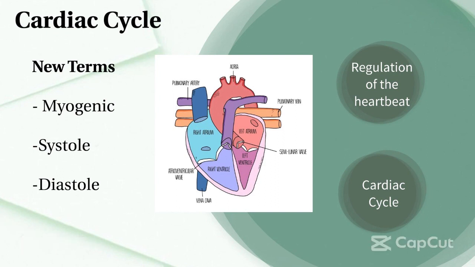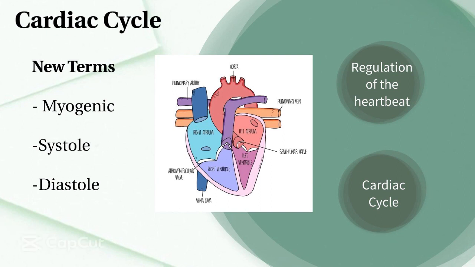From the right ventricle, it moves out of the heart through the pulmonary artery to the lungs to collect oxygen. Oxygenated blood then returns to the heart via the pulmonary vein and enters the left atrium, so the upper right chamber as you look at the diagram.